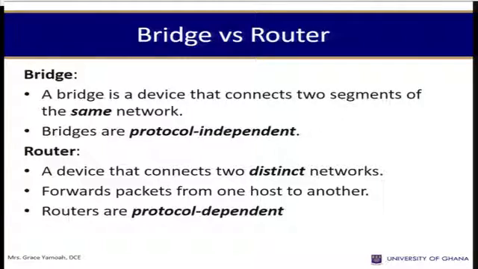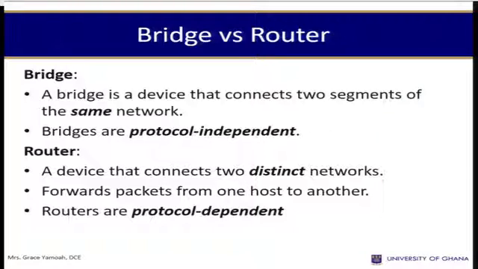Bridge versus router. A bridge is a device that connects two segments of the same network. Bridges are protocol independent. A router is a device that connects two distinct networks. When we say the same network in the bridge case, we are talking about LAN and LAN, MAN and MAN. But with a router, you can connect different networks, that is a LAN and a WAN.